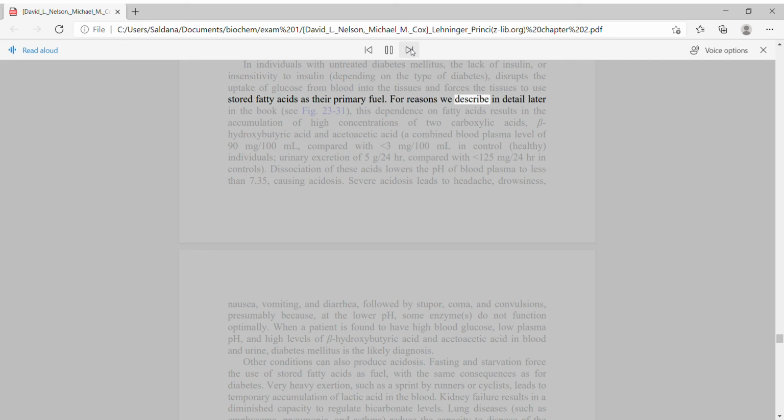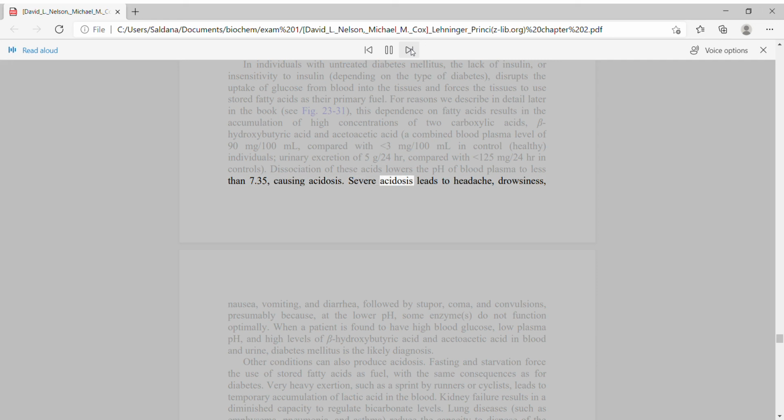For reasons we describe in detail later in the book, see Fig. 23-31, this dependence on fatty acids results in the accumulation of high concentrations of two carboxylic acids, beta-hydroxybutyric acid and acetoacetic acid, a combined blood plasma level of 90 mg/100 ml, compared with less than 3 mg/100 ml in control, healthy individuals. Urinary excretion is 5 g/24 hr, compared with 125 mg/24 hr in controls. Dissociation of these acids lowers the pH of blood plasma to less than 7.35, causing acidosis.